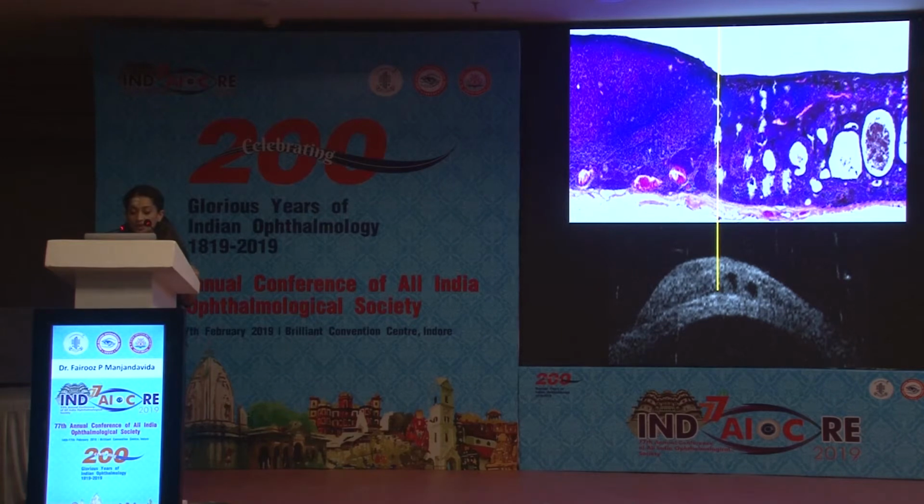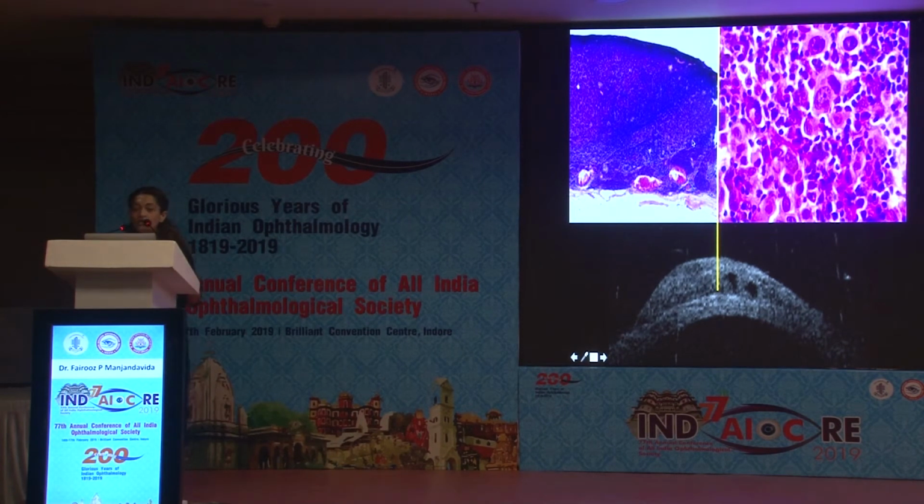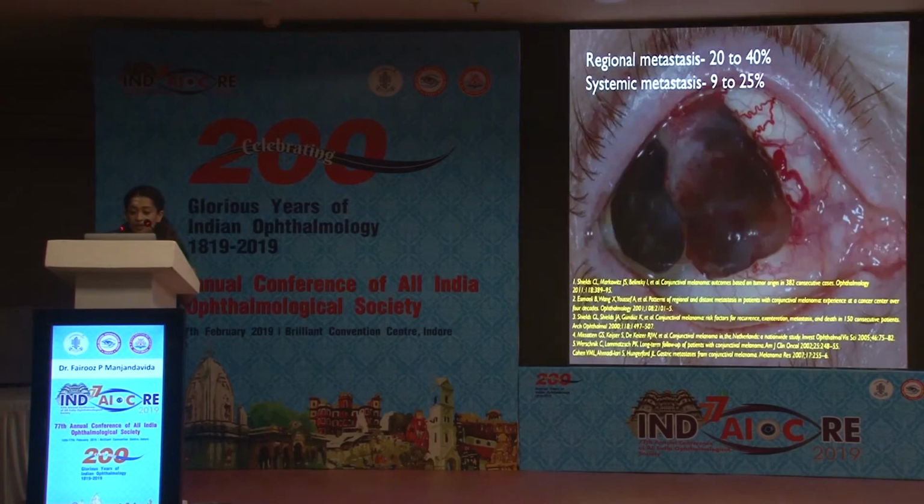The cystic area, which was the conjunctival nevus, has turned into conjunctival melanoma. So it's very, very important to keep these patients under strict follow-up. Even if they have a conjunctival nevus, it can turn into a conjunctival melanoma later, and you have to tell that to the patient.